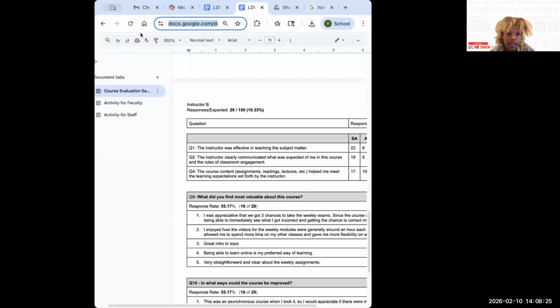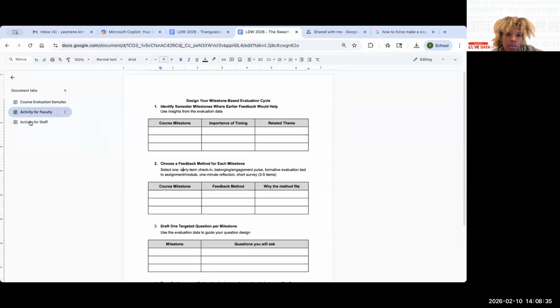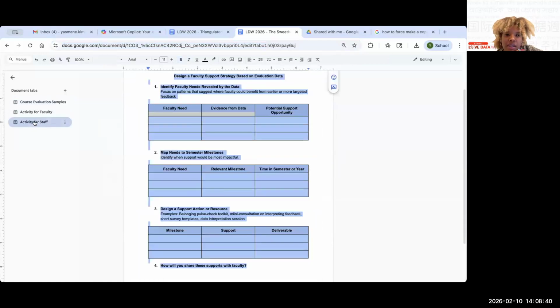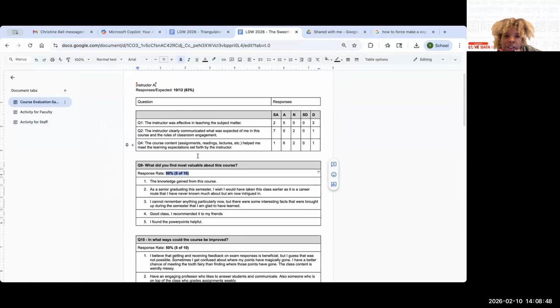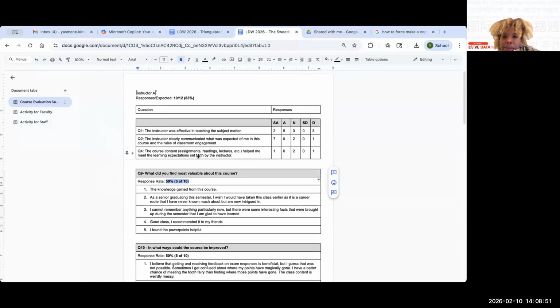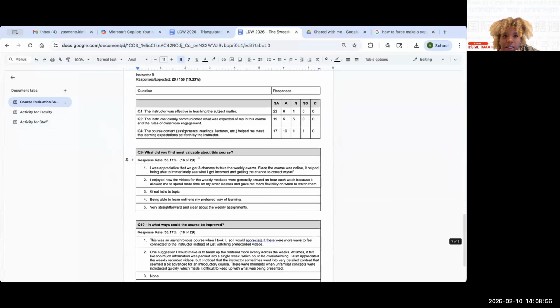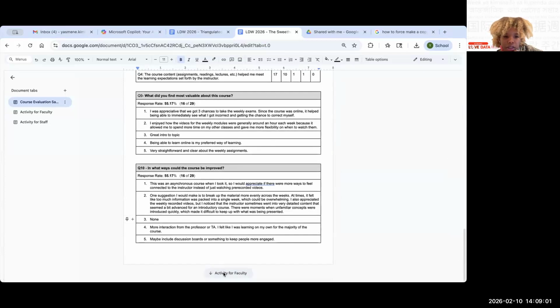There is an instructor A and then an instructor B. So all right, we will look at from the staff lens. And so we will look to see what are the overall needs from the faculty member. So I'll give us maybe 2, 3 minutes to look at the course evaluation. So it can be instructor A or instructor B. There's really no preference. It's up to you all. And then we can share out.